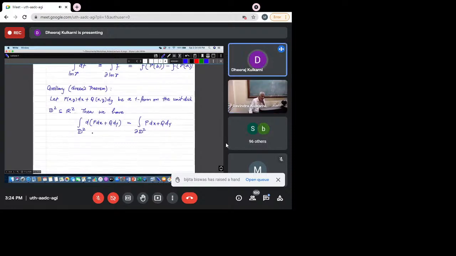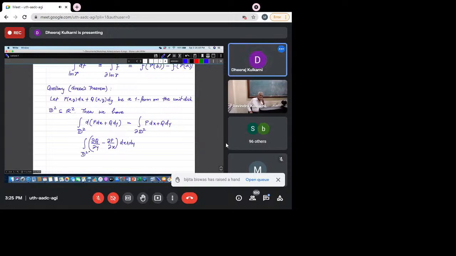Which is a familiar statement. You can work this d expression out and you will get that this is simply the partial of Q with respect to x minus the partial of P with respect to y, dx wedge dy.